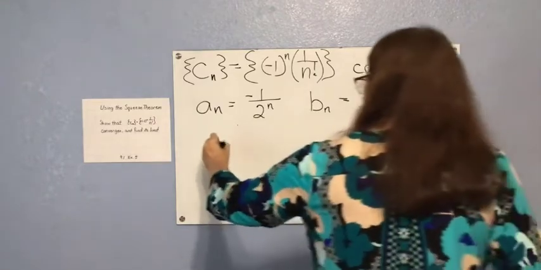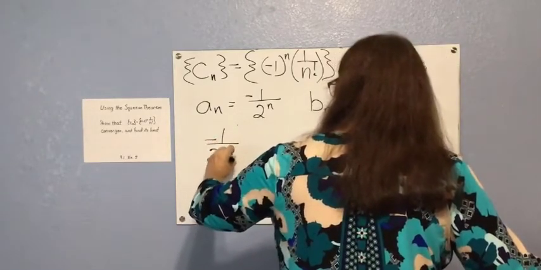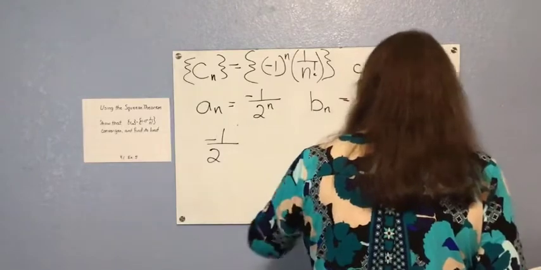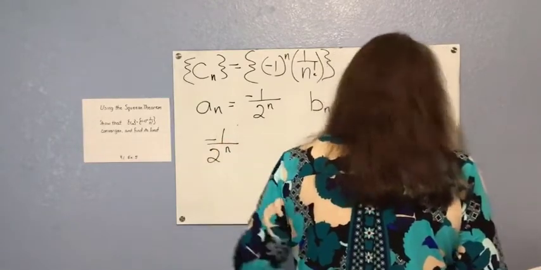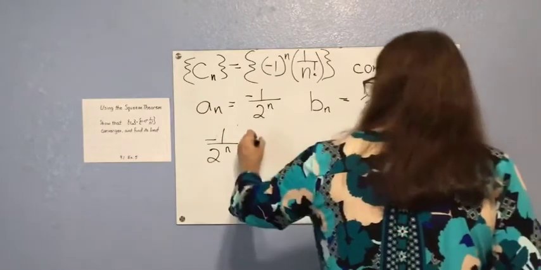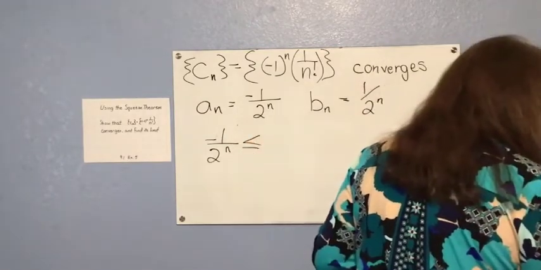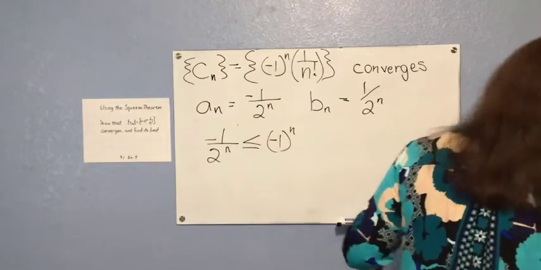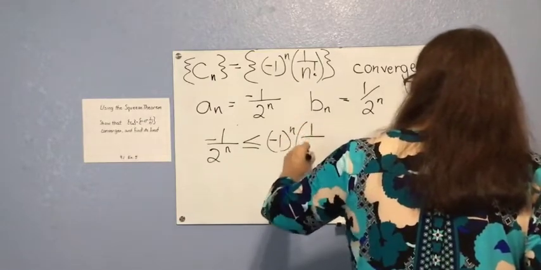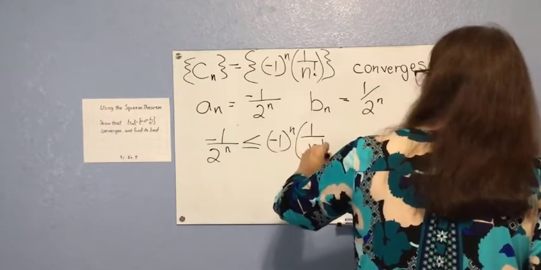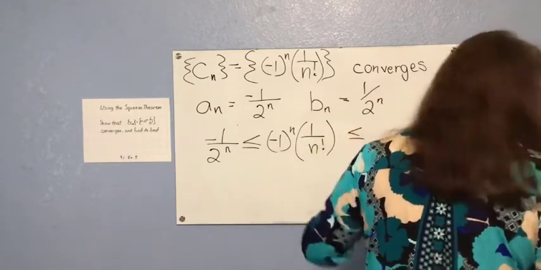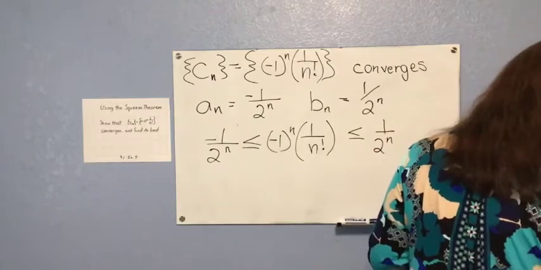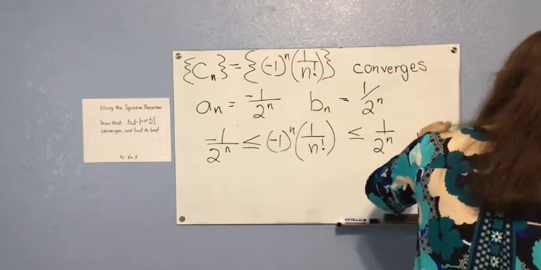So I can have negative 1 over 2 to the n, it's got to be less than or equal to negative 1 to the n times 1 over n factorial, which must be less than or equal to 1 over 2 to the n for any n greater than or equal to 4.